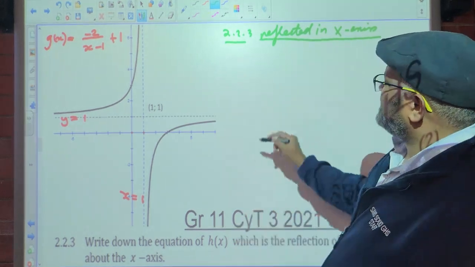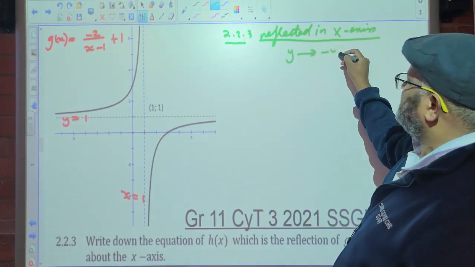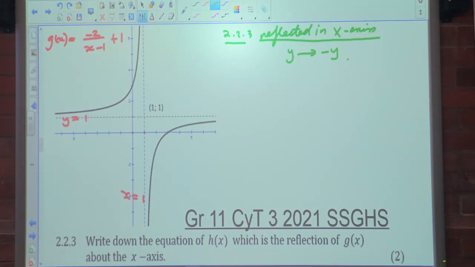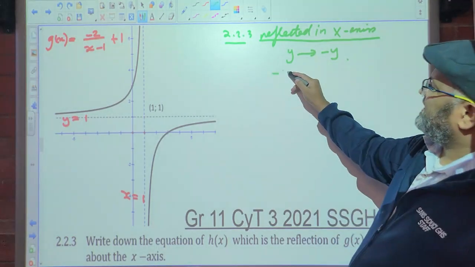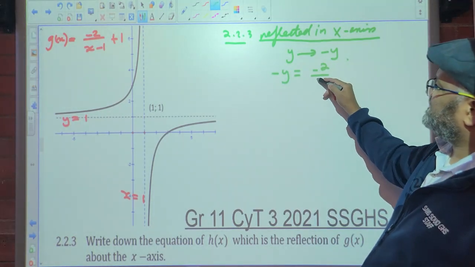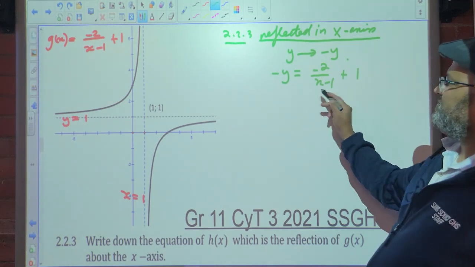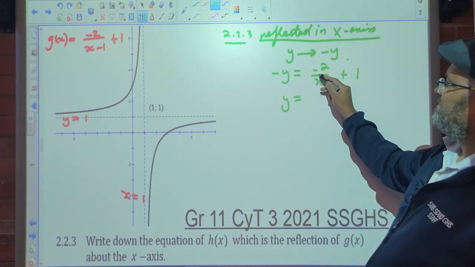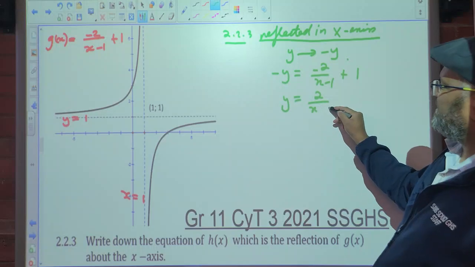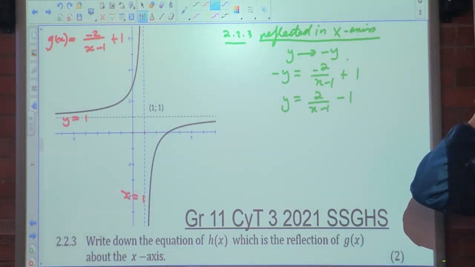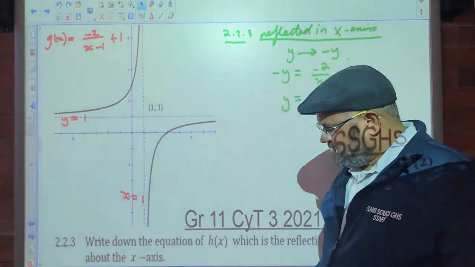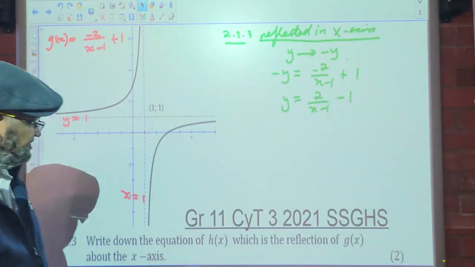Something reflected in the x-axis, y becomes negative. So that's the equation. So you say negative y is equal to negative 2 over x minus 1, plus 1, divided by negative. So that will be positive now: 2 over x minus 1, minus 1. Okay. Let's look at the next question.